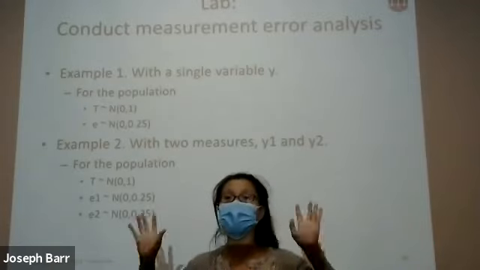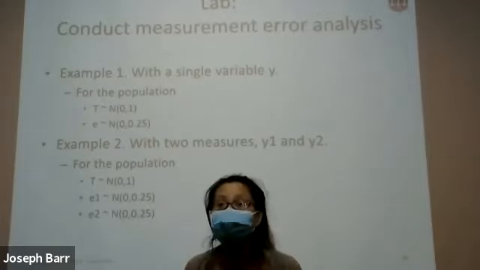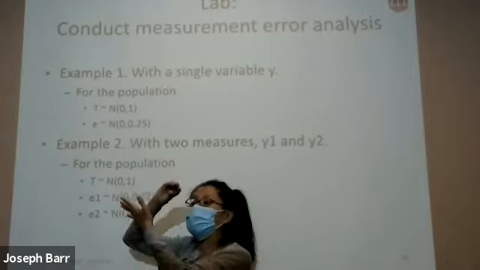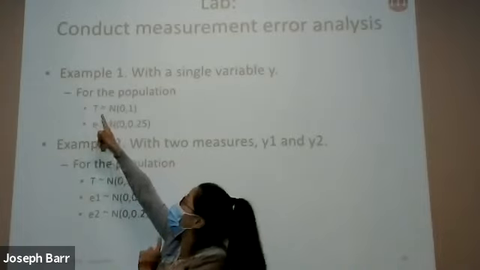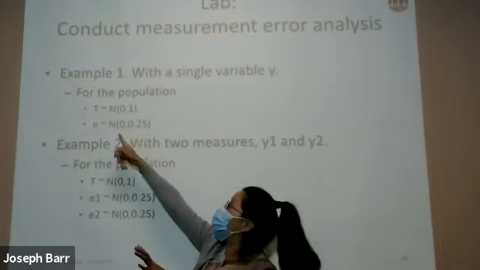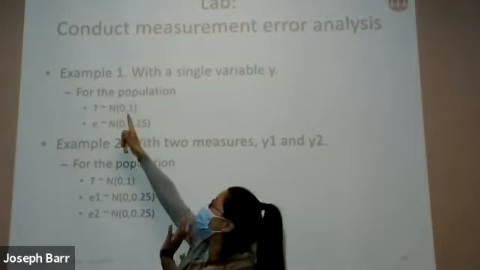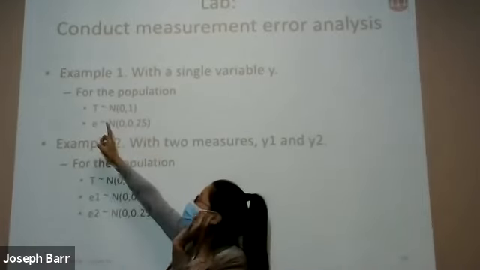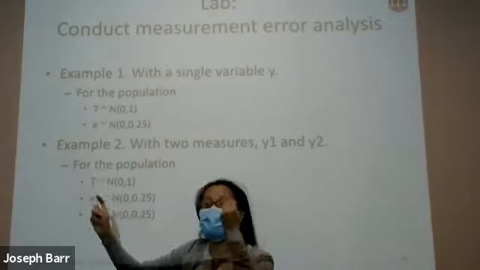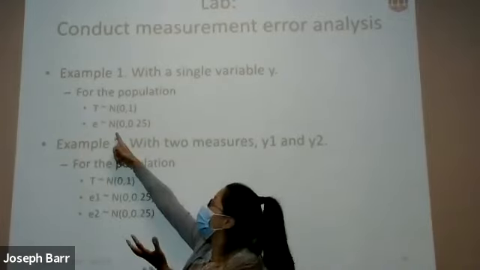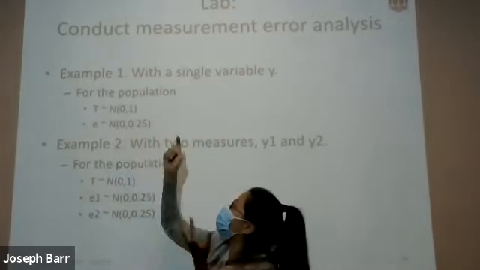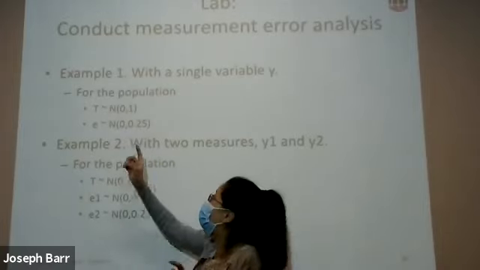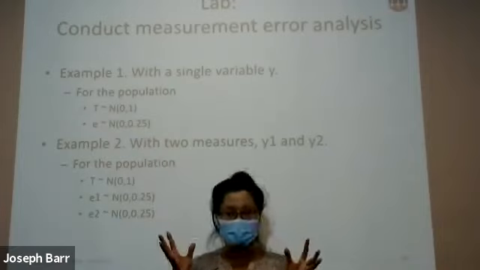There's nothing there, so you have to generate it. How do you generate the data? You have to use some assumptions. For example, we assume the true value comes from a normal distribution with mean of 0 and variance of 1. We also assume the measurement error part comes from a normal distribution with mean of 0 and variance of 0.25. That's our assumption. Based on these assumptions, we generate our data.